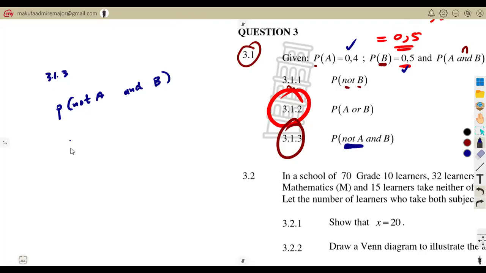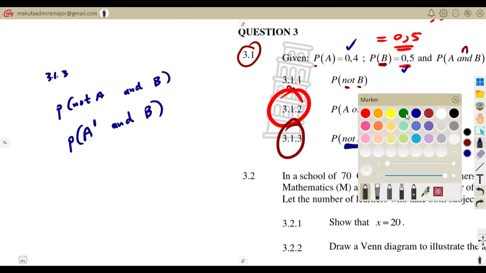This simply means the probability of not A, which is the complement of A, what is not in A, and B. B is a set; there is no complement on B. They are not the same.